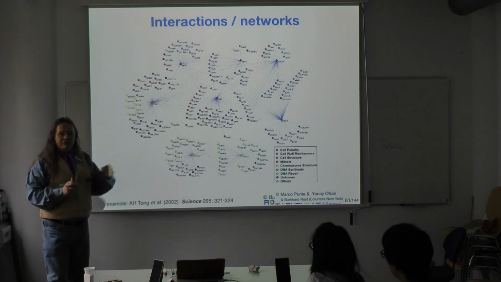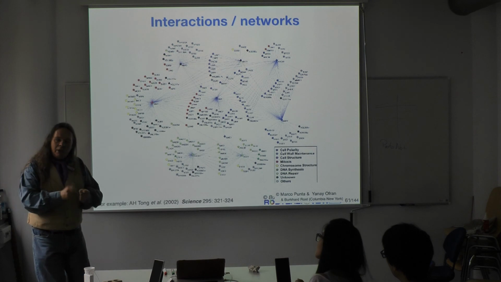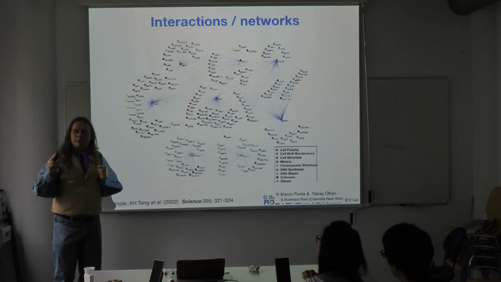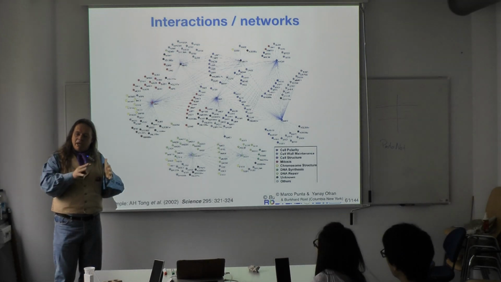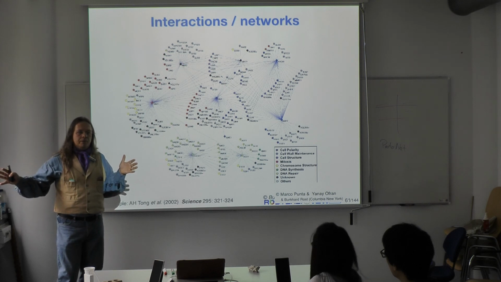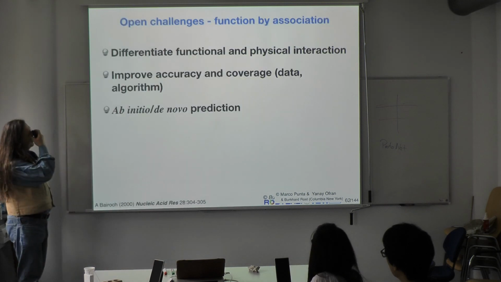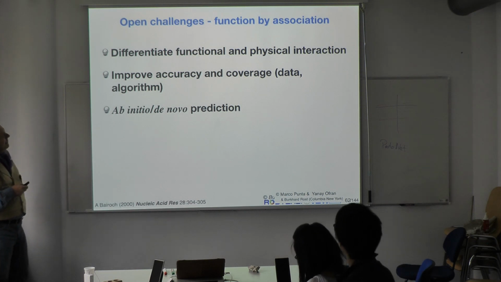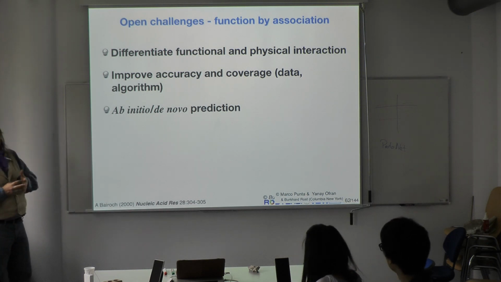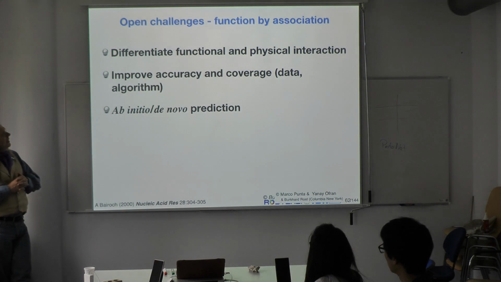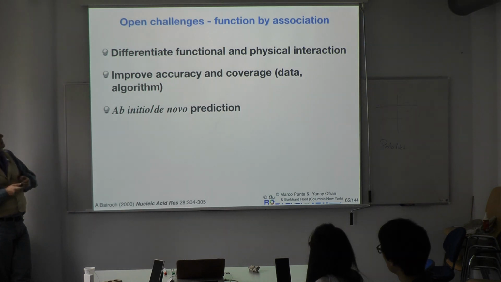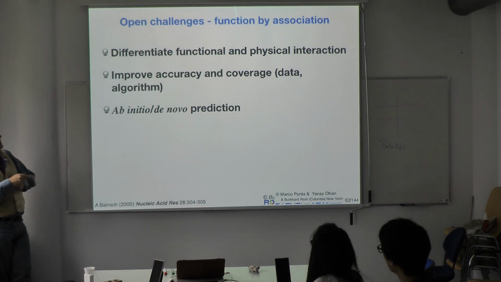But you immediately see that from the network structure, you cannot quite read off this is that GO number. But you can read off associations, right? And in this way, again, you can somehow see similarity in function. The problem with that is you have to find a way to differentiate between functional and physical interaction.